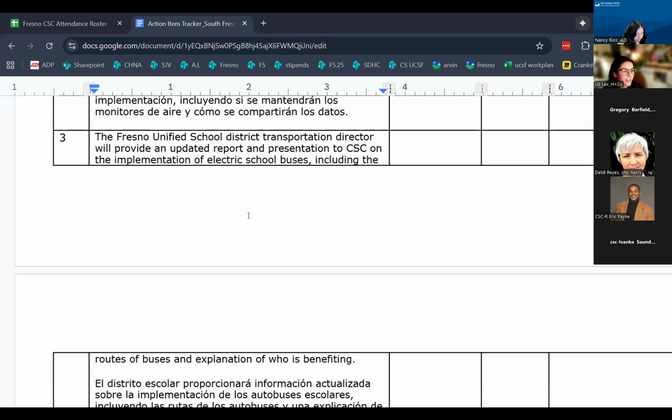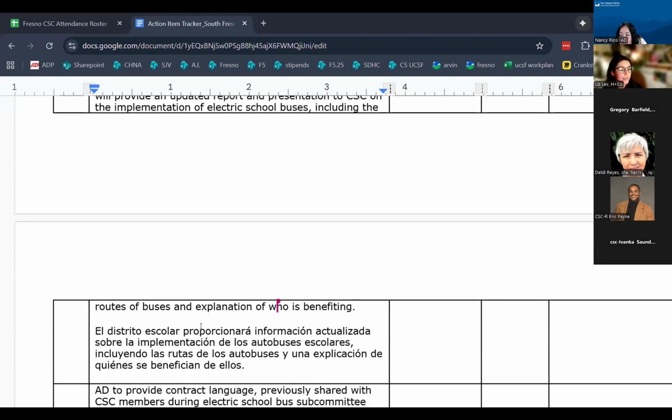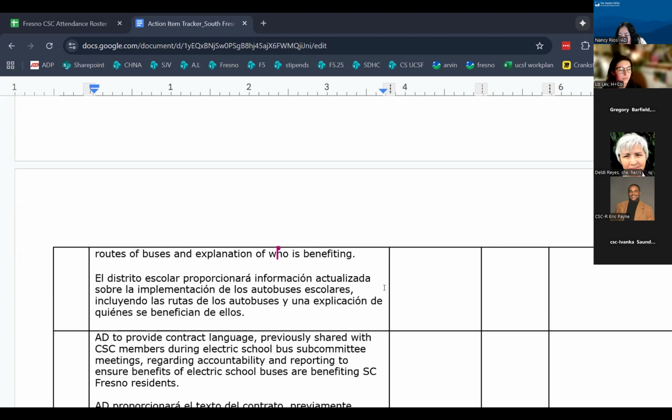The next action item, the Fresno Unified School District Transportation Director will provide an updated report and presentation to the CSC on the implementation of electric school buses, including the routes of buses and explanation of who is benefiting.